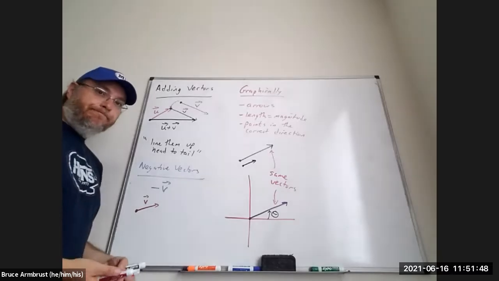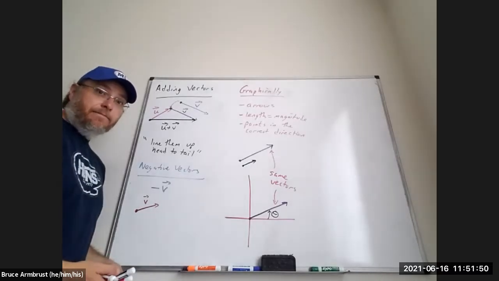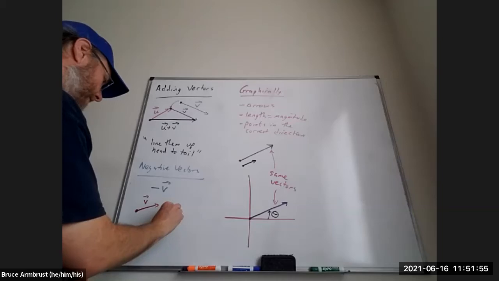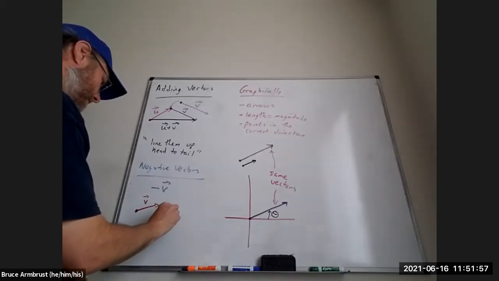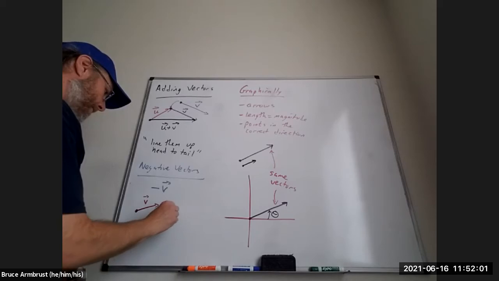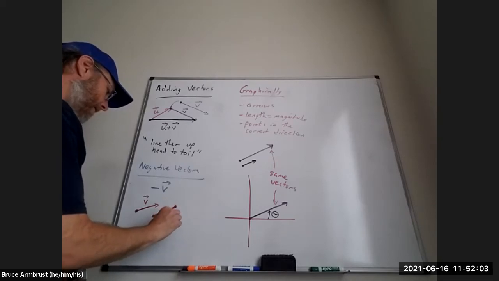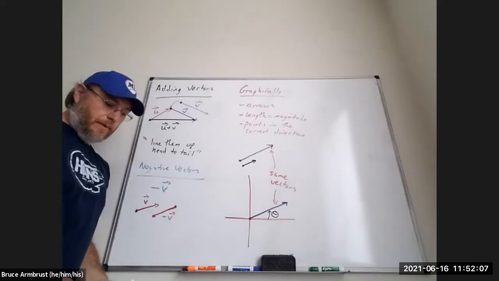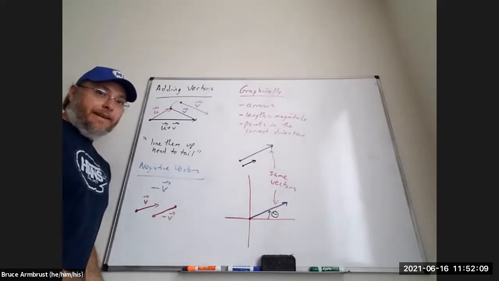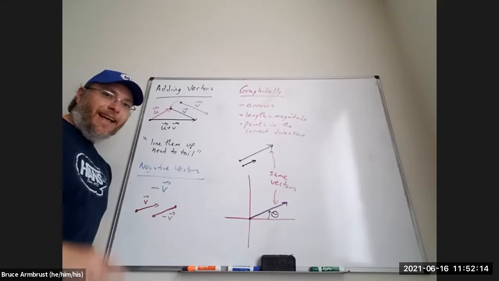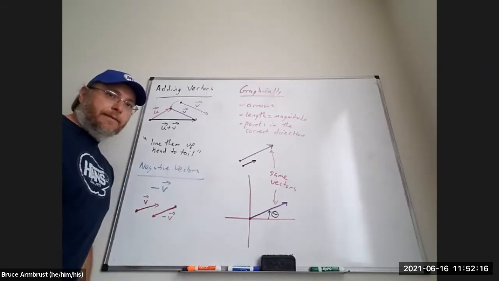Negative v has the same length. It just points in the opposite direction. So negative v, oops, like parallel, like that better. This is negative v. So if you have a negative vector, it just points in the opposite direction. And that should totally make sense.